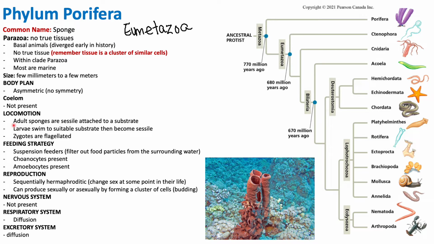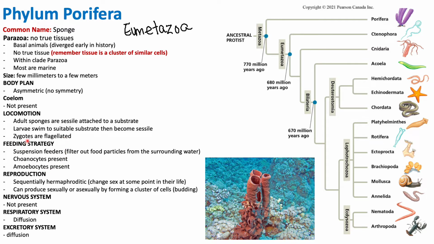So when we get this larval sponge, it is able to swim to find a suitable substrate. Once it finds a suitable substrate, it will attach itself and then continue to grow into its adult stage. And once it reaches that adult stage, it will be sessile and no longer motile.